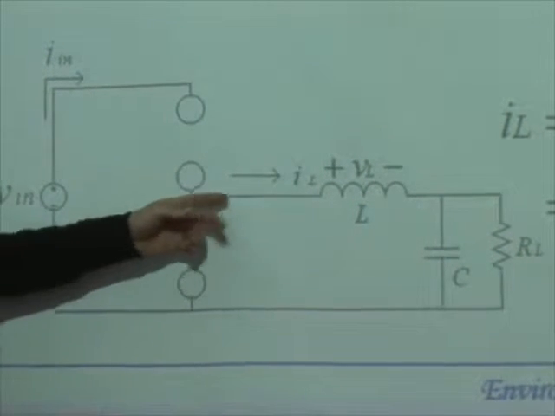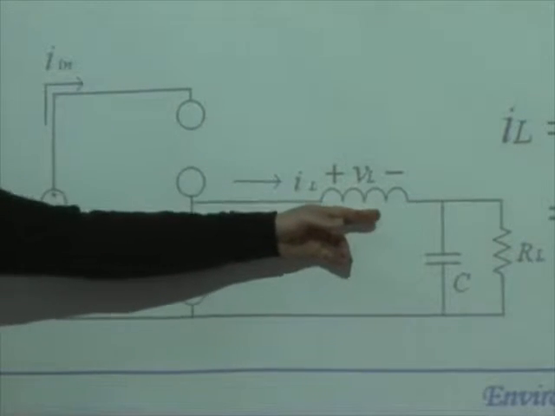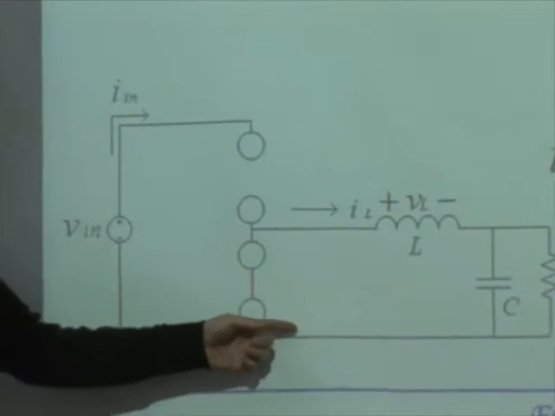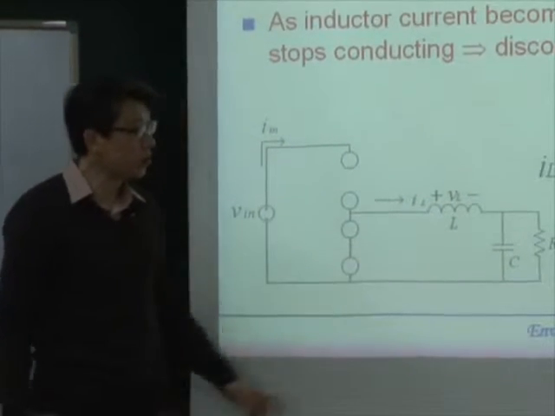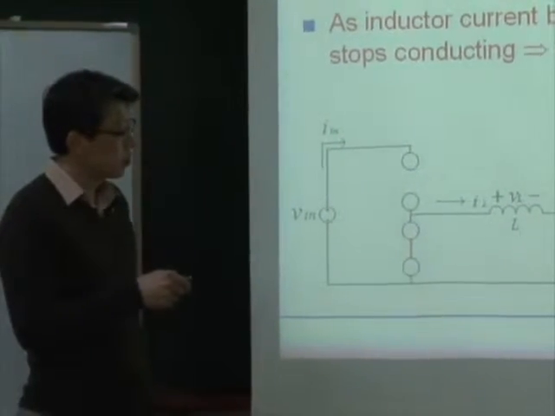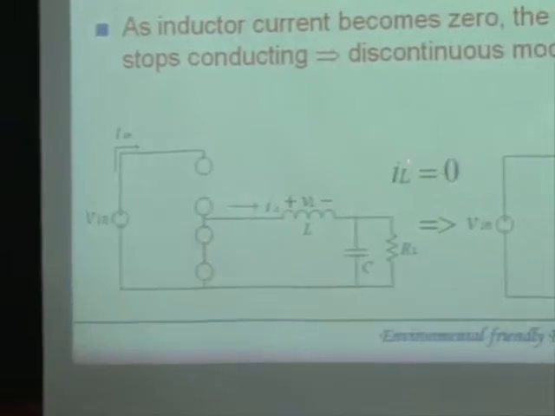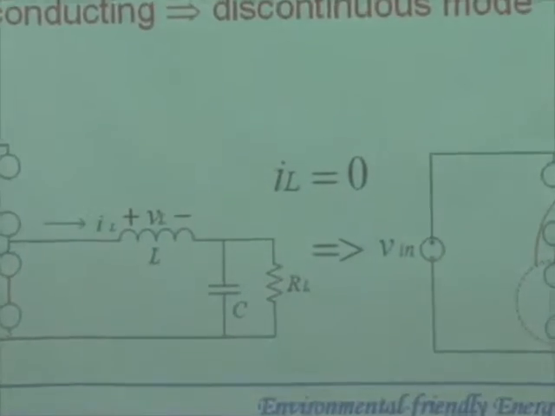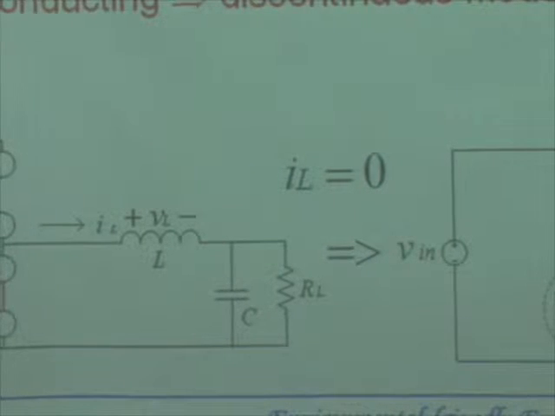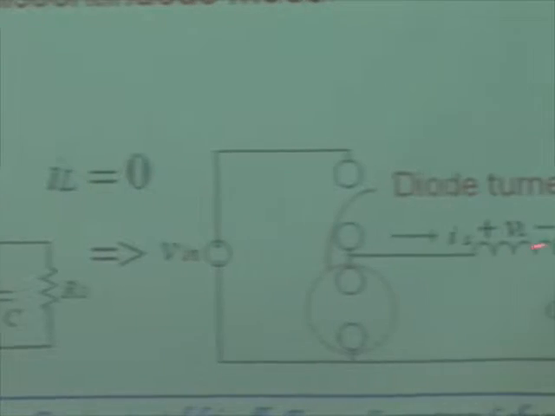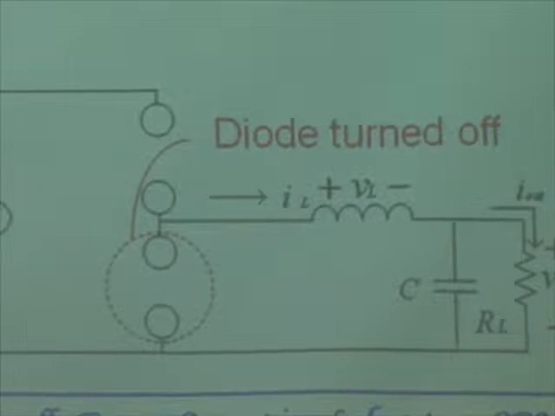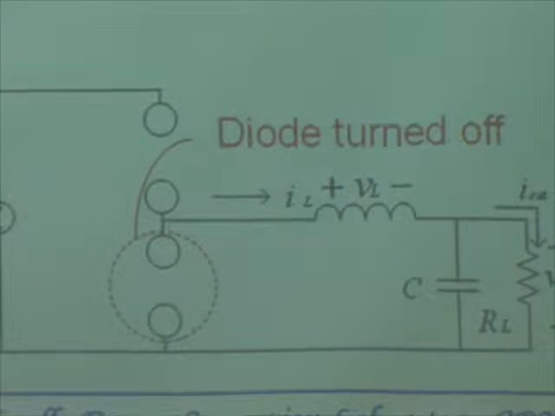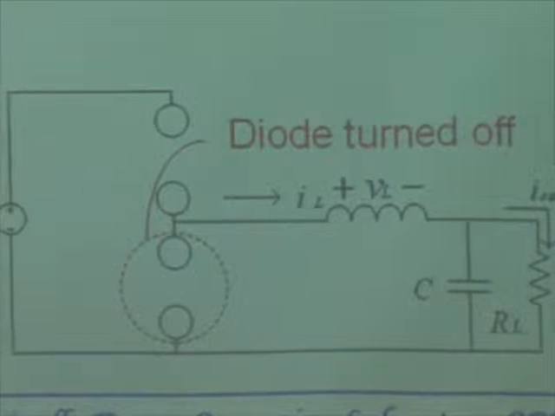So when we have some value, then this inductor will develop forward bias voltage and diode is turned on and there is a current path. But when the diode current or inductor current becomes zero, then diode is turned off because inductor will not provide the forward bias for the diode, so it stops conducting.